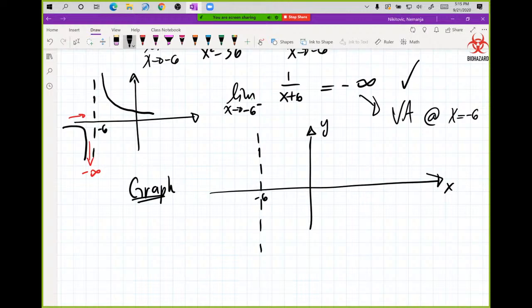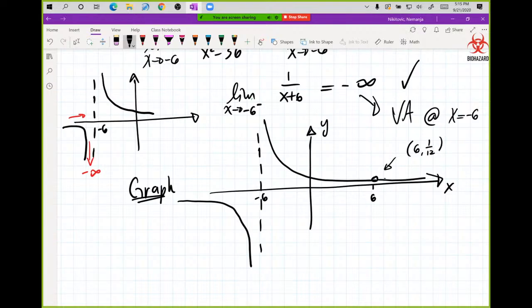And at positive 6, let's say here, you just have the open circle like this. So there is this one, and then there is this one, gotta hit there, and then go through. This open circle point is 6, 1 over 12. And the other side has the vertical asymptote, VA, at x equals negative 6.